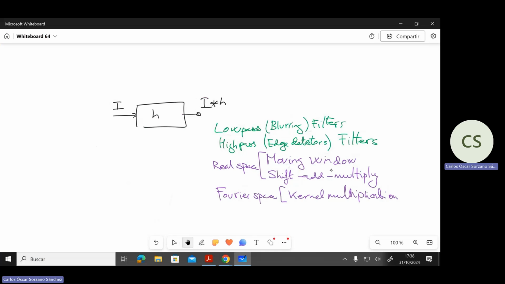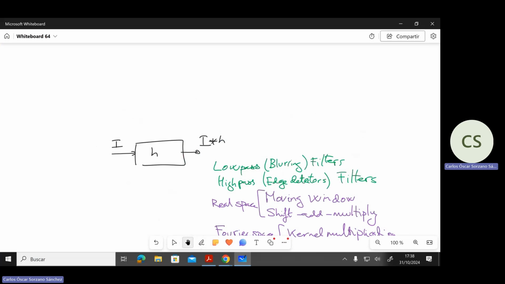This property says that if you have a convolution and you do the Fourier transform of this convolution, then this is the Fourier transform of I multiplied by the Fourier transform of H.